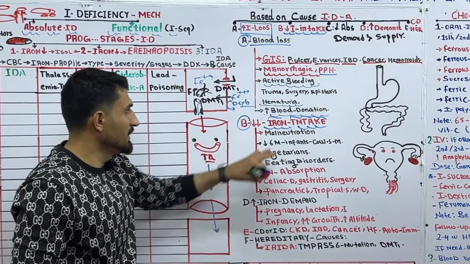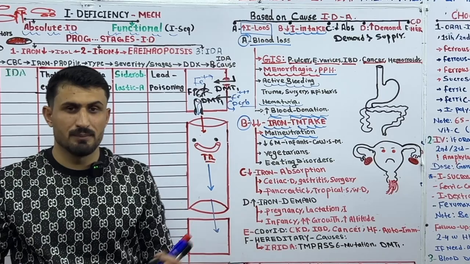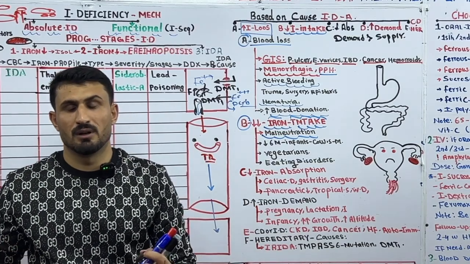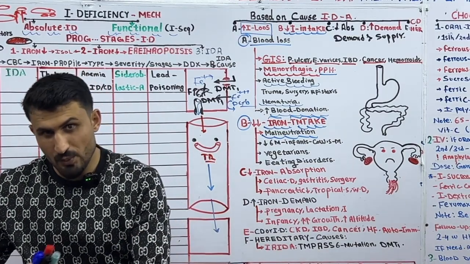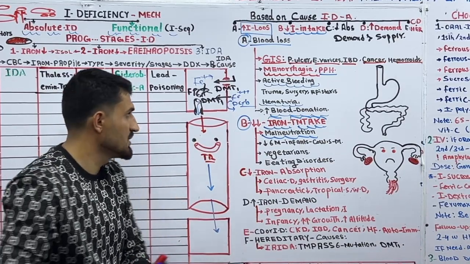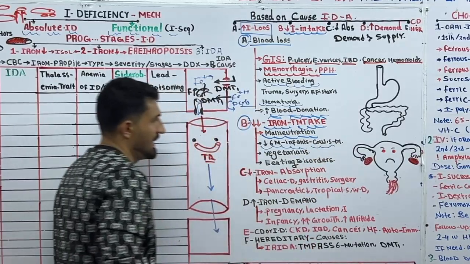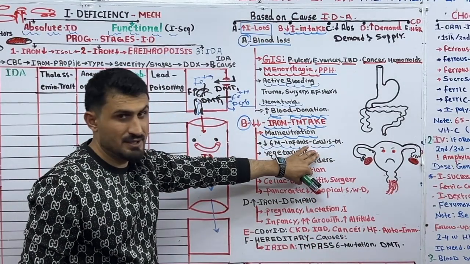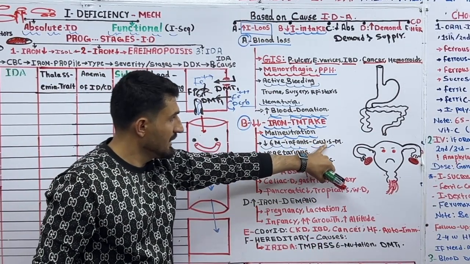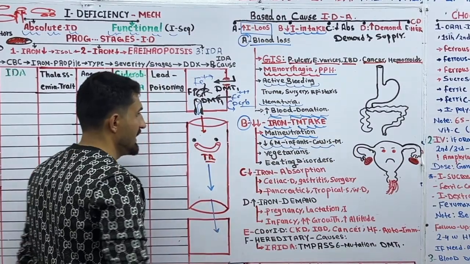Okay, for example, a patient who is malnourished due to poverty, or for example vegetarian people, okay, who always eat vegetables and so on. During infancy, when a small infant drinks cow's milk so much during his life.